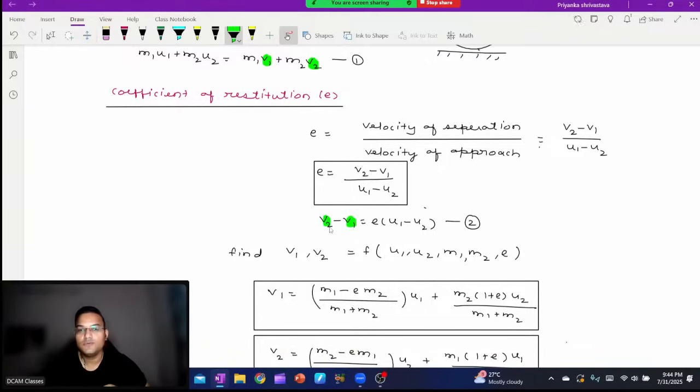You substitute v2 as v1 here: in place of v2, substitute v1 plus e into u1 minus u2. You should get the value of v1. Then again, you can get v2. Very easy. Or the other thing is you can multiply the second equation with m2 and then cancel m2 v2 in 1 and 2.